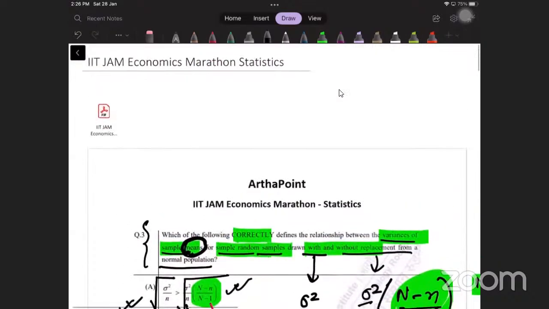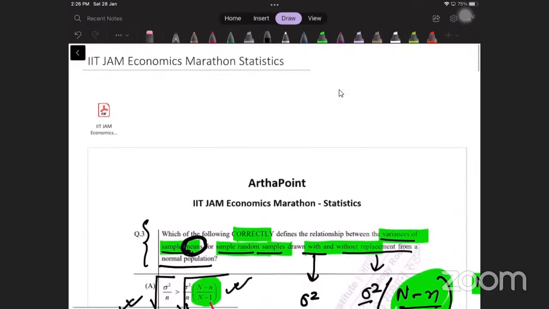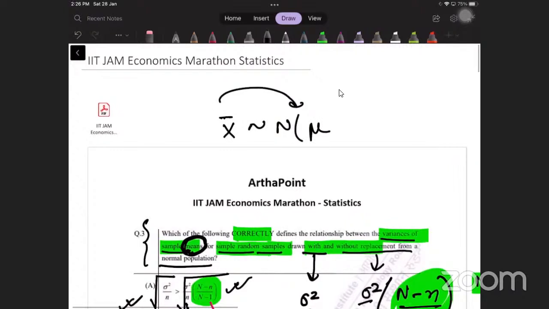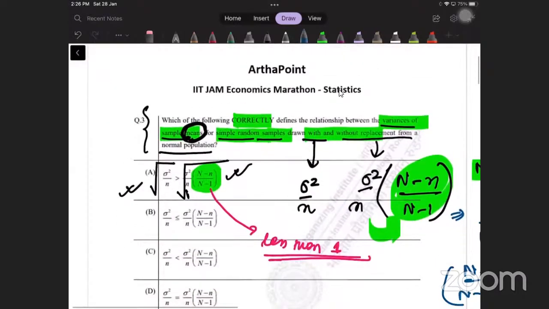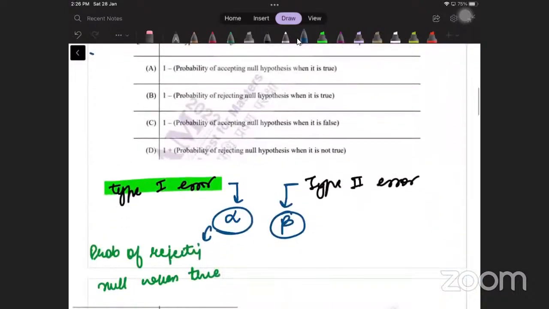My sample mean is normally distributed with population mean mu and variance sigma square by n. So the standard deviation is sigma by root n in this case. It's the same here. Okay, fine. So let's go to this question then.